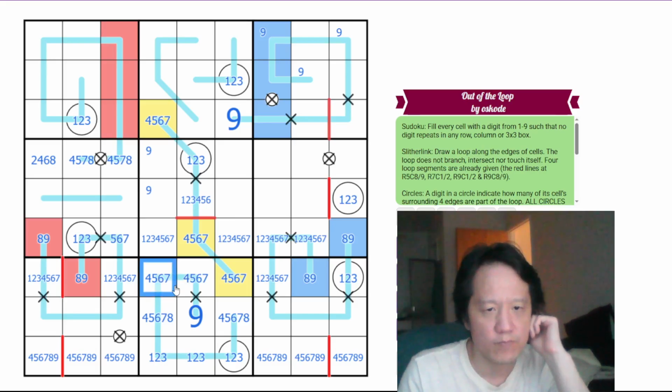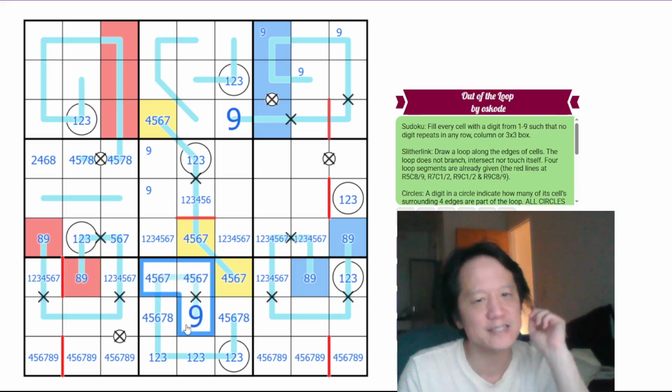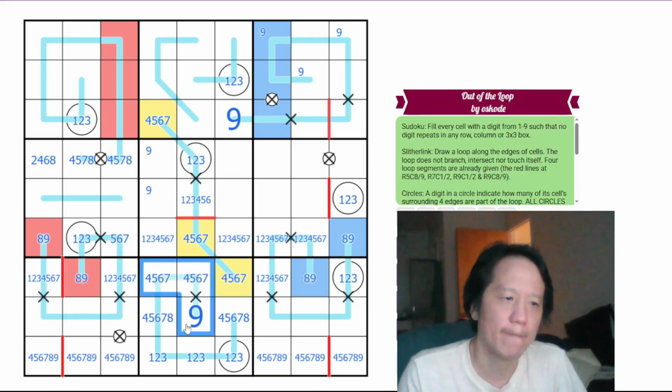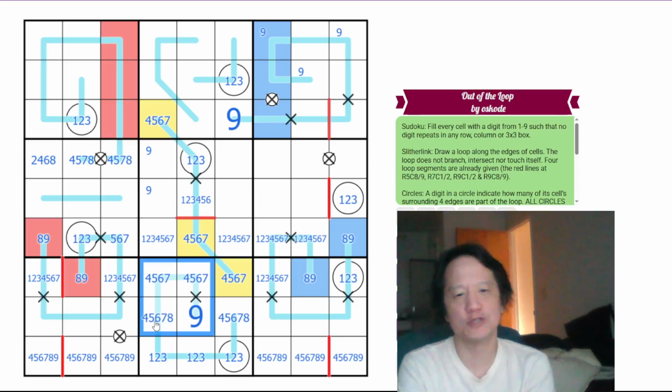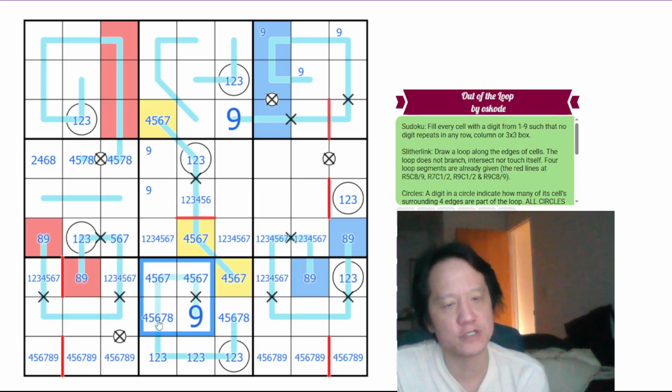Okay, whoops. This cannot be a slither link here. It either breaks here, here. This is at least 18. Can it be these 4 digits? What's the minimum of these 4 digits? It'd be 9 plus 4, 5, 6. So I don't think that can work.